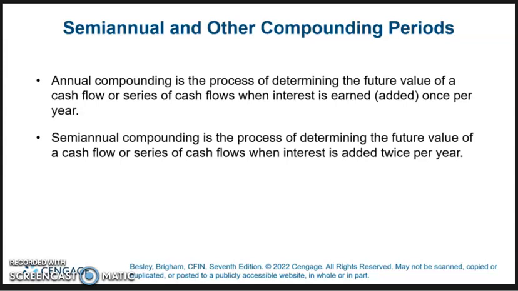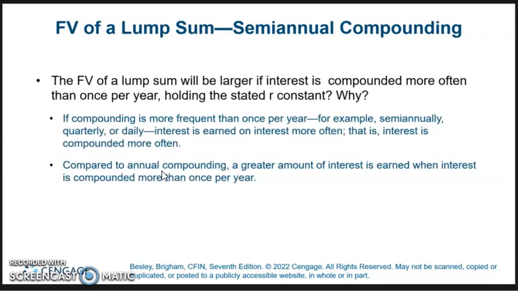So, for example, if we have monthly compounding, we're going to multiply the number of years by 12, and then we're going to create an IY. We're going to divide the rate by 12. The future value of a lump sum will be larger when interest is compounded more often with the stated rate, because compounding is more frequent.